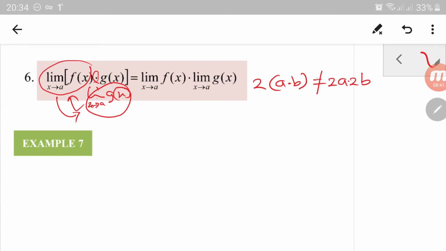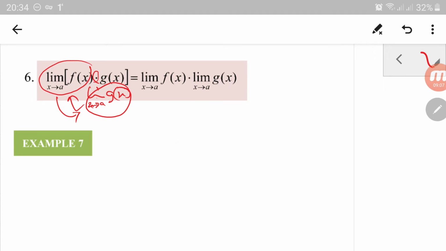Because 2a multiplied by b is simply 2ab. But in limits, this property holds. So we can find the limit of f(x) first, and then g(x). After that, we can multiply the limits, the numbers that we get.